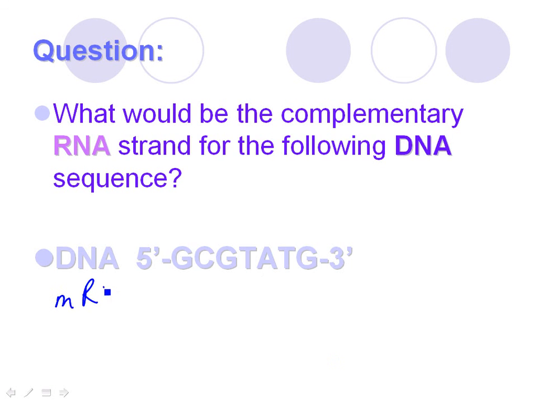So if we're creating our messenger RNA, guanine would pair with cytosine, cytosine would pair with guanine, guanine would pair with cytosine, thymine would pair with adenine, adenine in DNA would pair with thymine, but this is RNA, so that's going to be uracil, and then thymine will pair with adenine, and guanine will pair with cytosine.